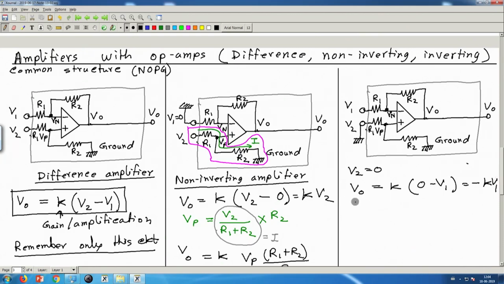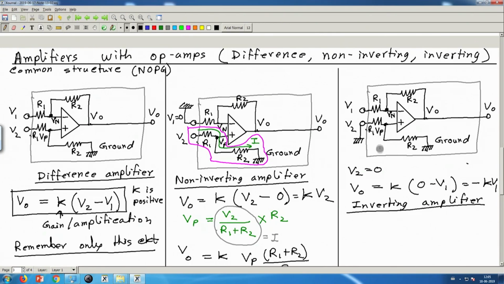Therefore it is called inverting amplifier, because the sign of the output is inverted. Here there was no minus sign, that's why it is called non-inverting amplifier. K is a positive number. Okay, great. So this is the circuit which we have derived from the difference amplifier.